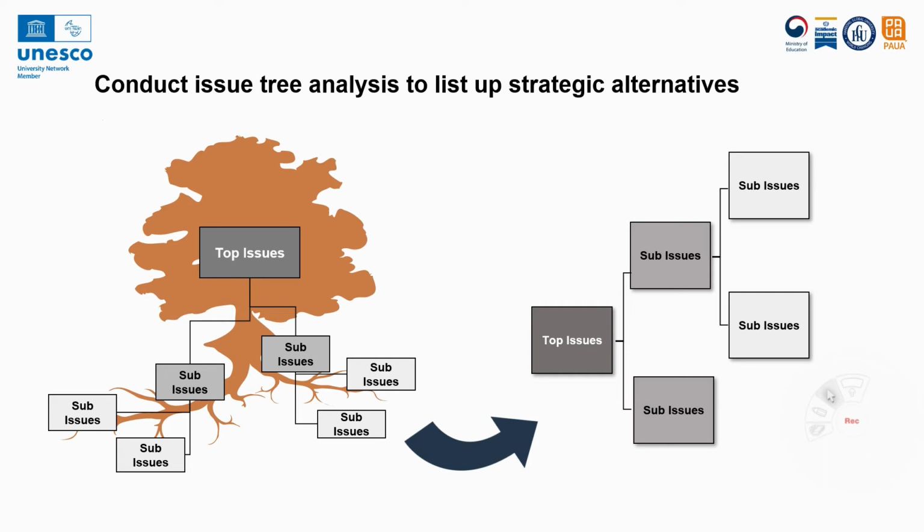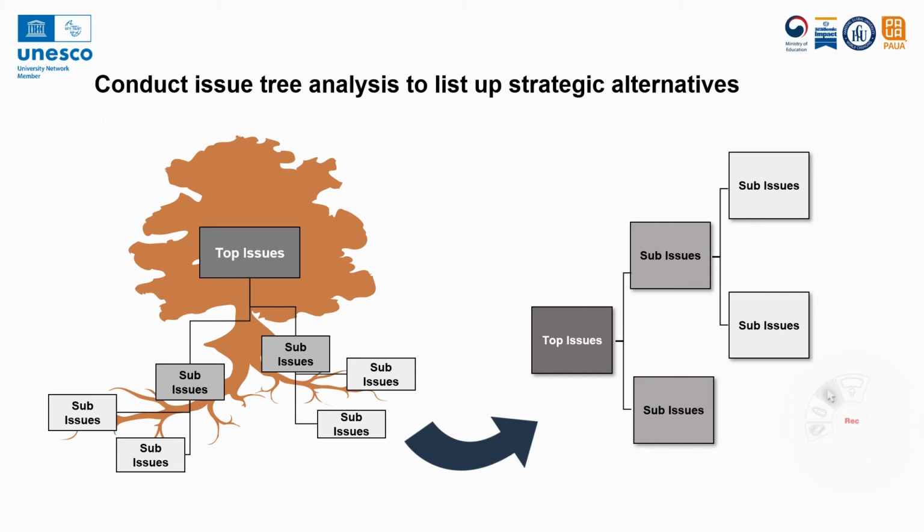So if you see on your left-hand side chart, there is a top issue, and then this top issue is divided into sub-issues, and each sub-issue is divided again into smaller sub-issues. So disaggregating top issues into small issues, it looked like a tree shape.